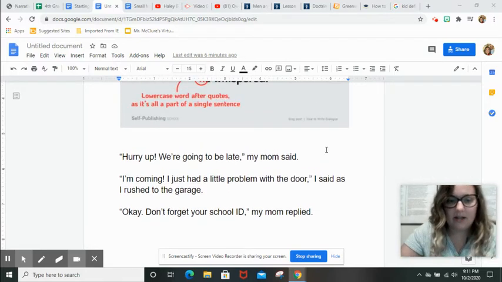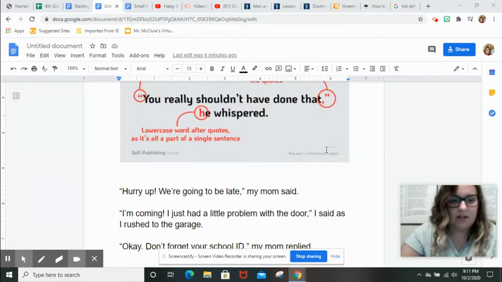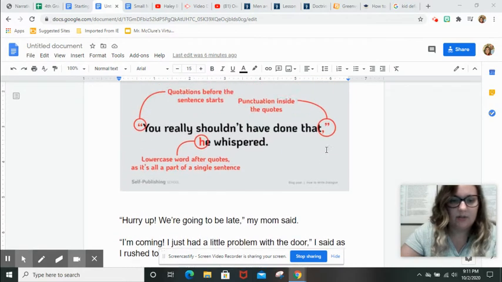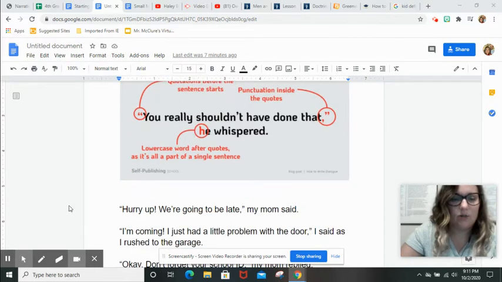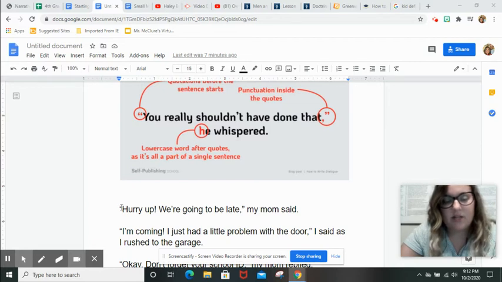As we look at another example of quotation marks, this right here is showing us what is needed when we are writing dialogue. You need quotations before the start of our sentence. So before we start writing what our character is saying, we need to have a quotation mark before that first letter.